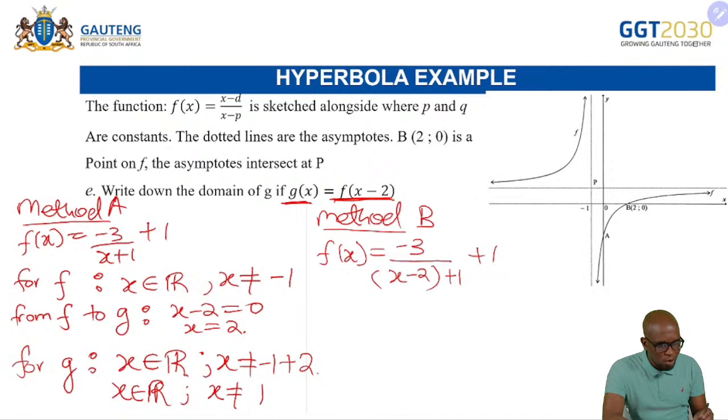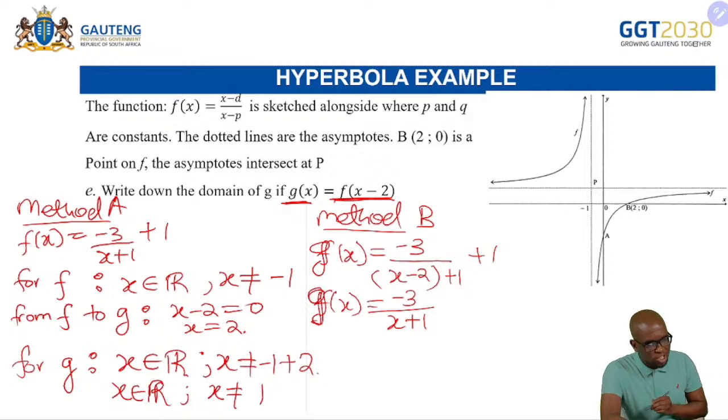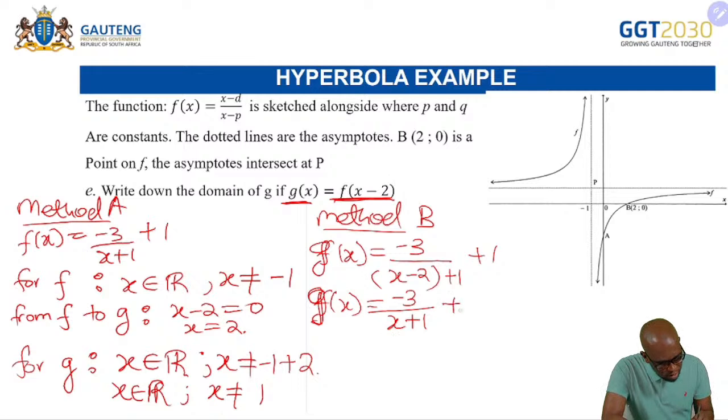You can see here where there was x, I replaced that with x minus 2. Oh no, this is our G of x now. Sorry about that. So our G of x would be minus 3 over x plus 1, and then plus 1.